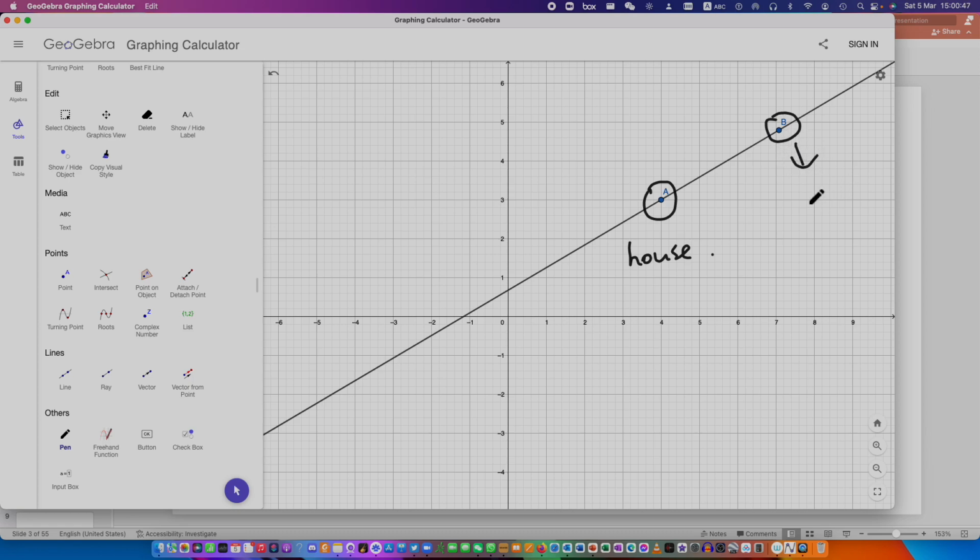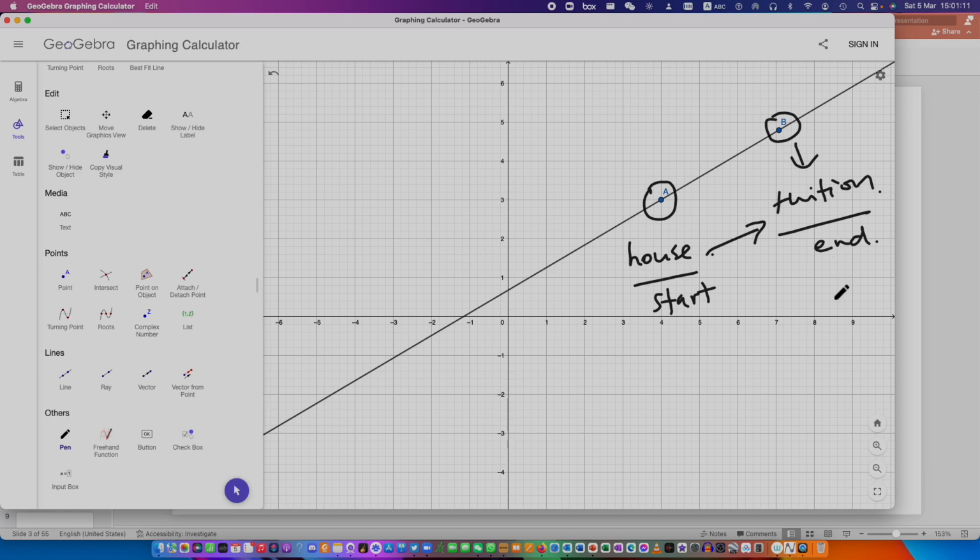This is tuition center. If you go from your house to the tuition center, where's the starting point? Your house is the start, right? Where are you now? Now you are at tuition center, right?